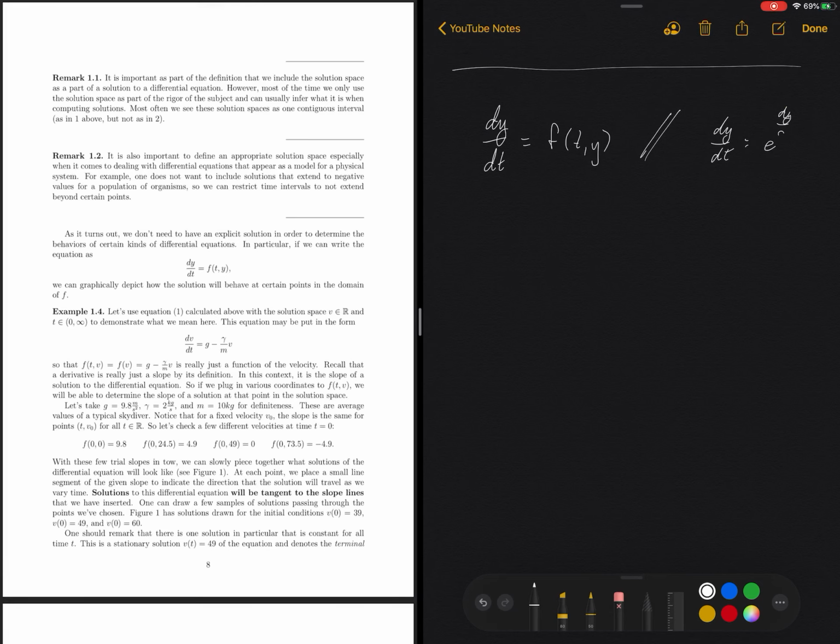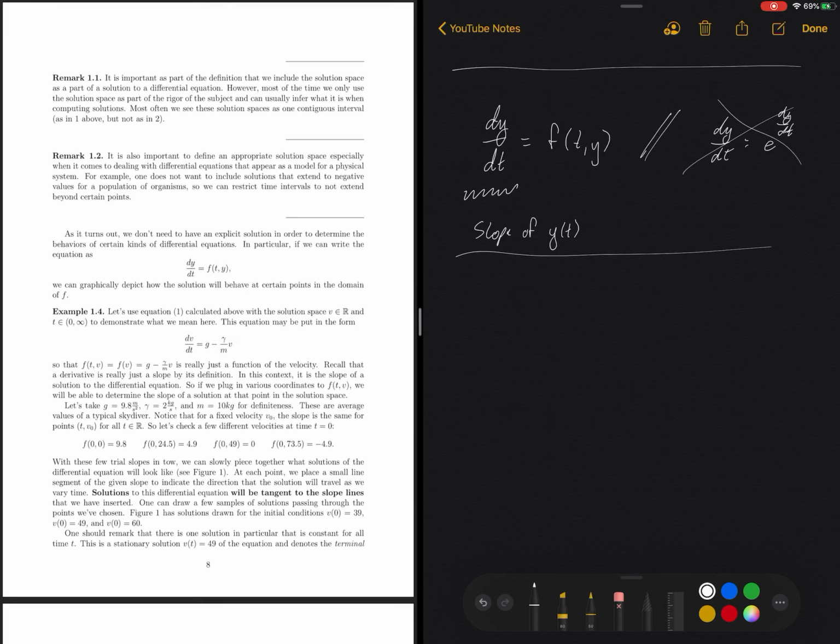Not all differential equations can be solved like that. For instance, consider dy/dt equals e to the dy/dt. Good luck trying to put that in this form. Ain't gonna happen. But the point is that I can think about this in terms of dy/dt, which is nothing more than the slope of y of t.